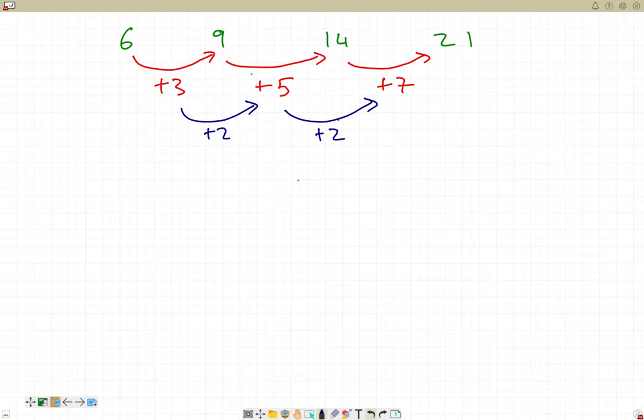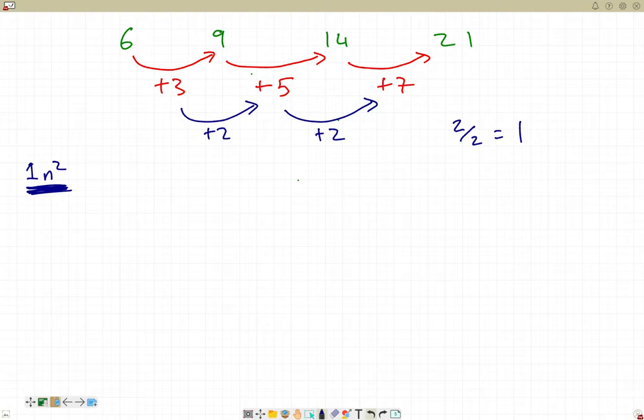Next step, I half this number and put it in front of n squared. Half of 2 is 1, so 1n squared. I generate this sequence now.